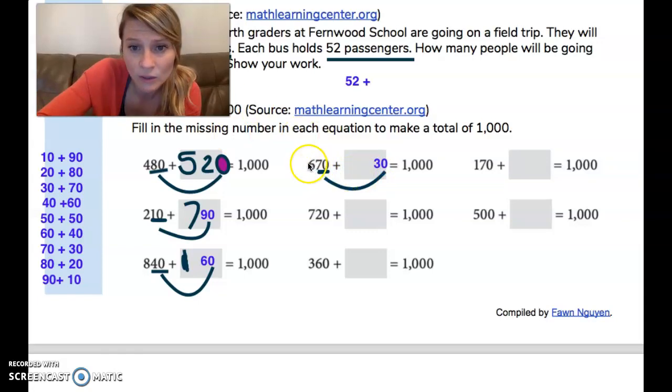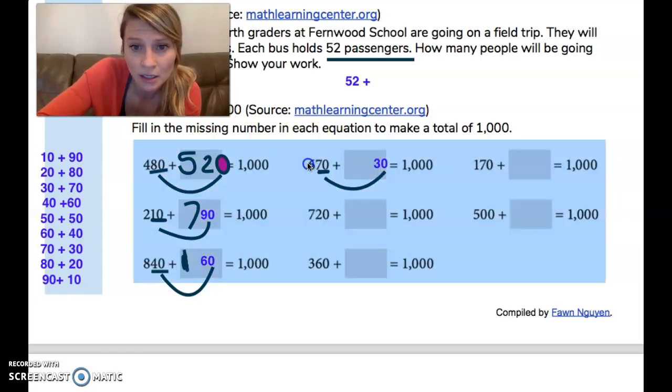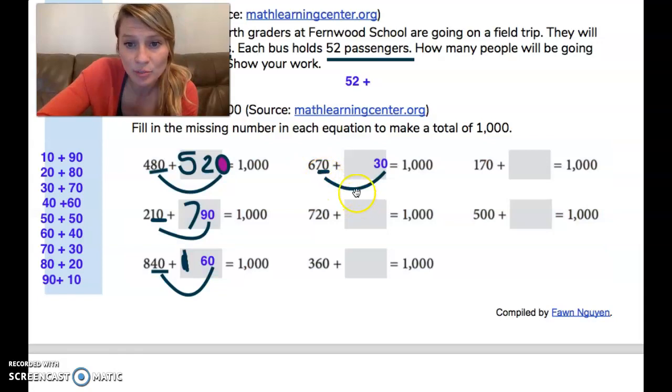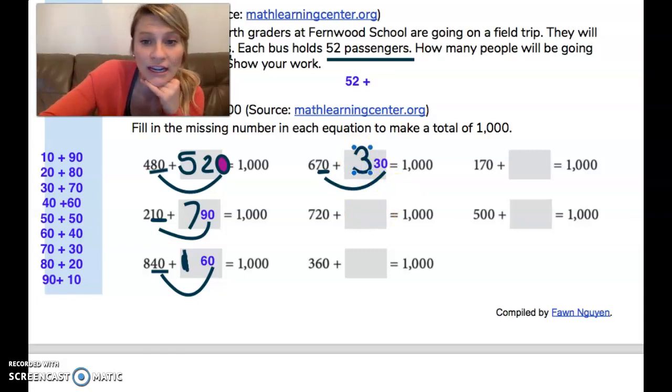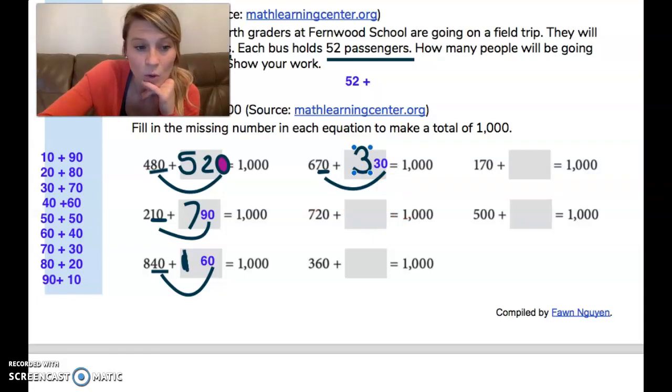I think I can, so it can really glow for you guys. Maybe not. Nope. 600 plus 100 equals 700, 800, 900, 1,000. So 330 plus 670 equals 1,000, just like that.